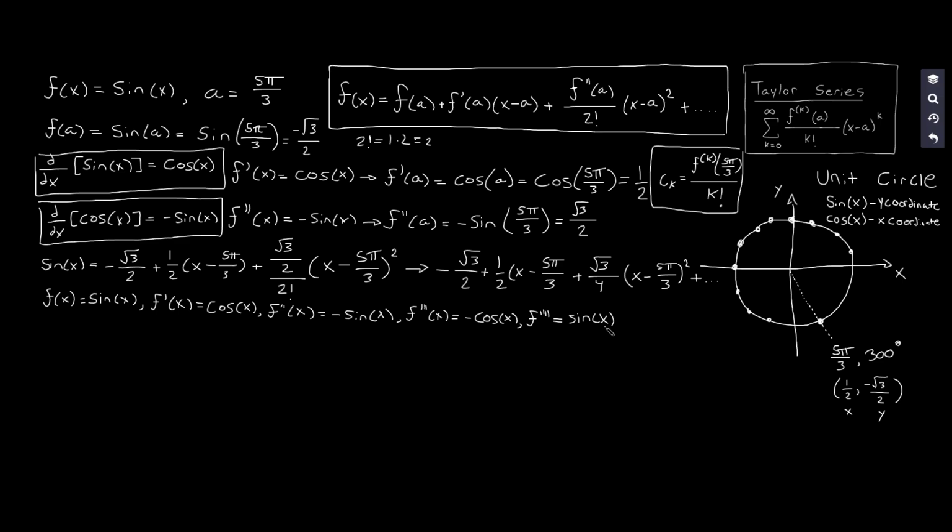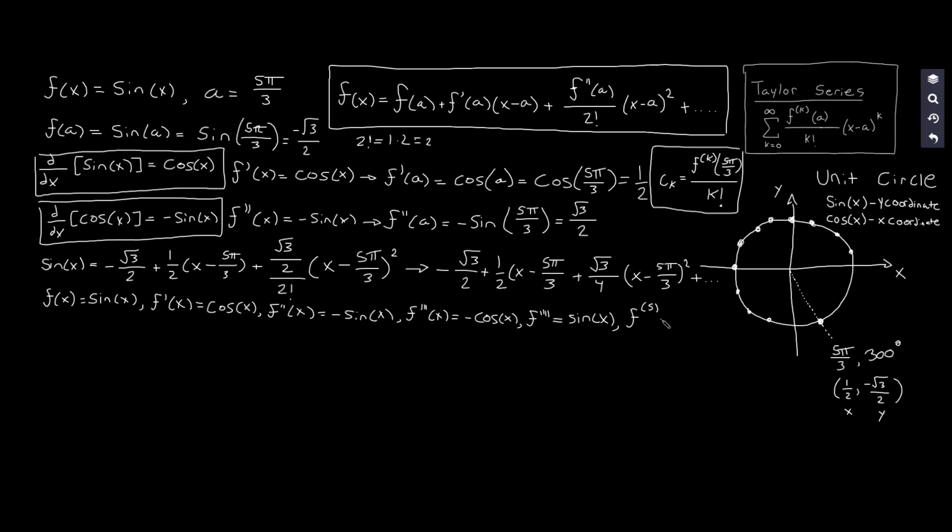Now, what's the fifth derivative? This is where I stop putting the primes in. I know this looks exponential, but it's not exponential. This is the fifth derivative of our function sine of x.